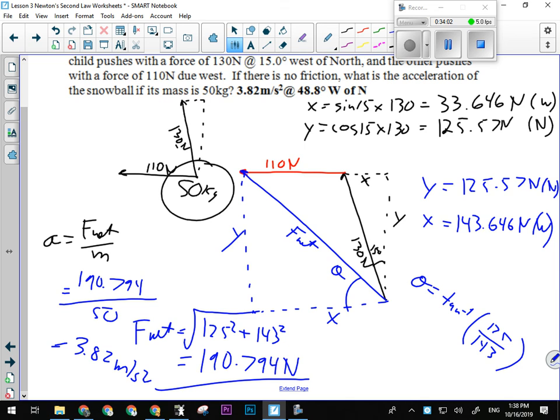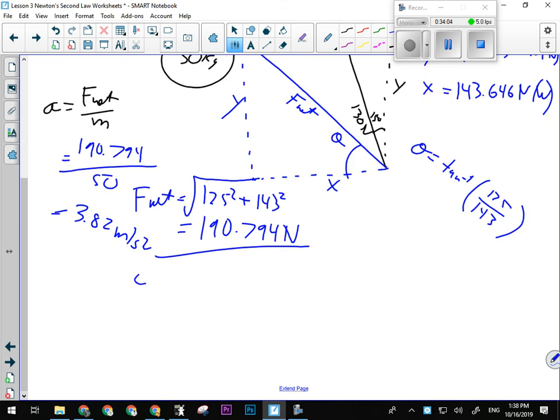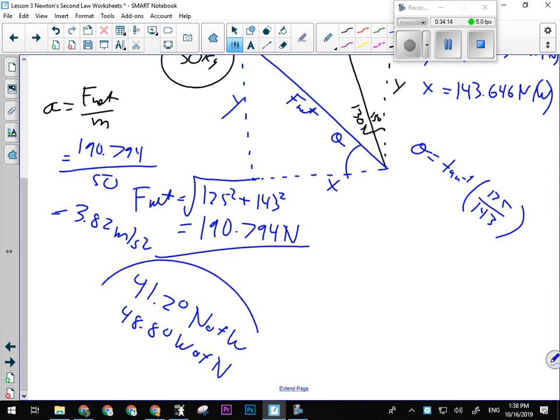The way I drew it, you'll get 41.2 degrees north of west. If you drew the triangle the other way, then you get the answer I had there, 48.8 degrees west of north. So there's how we do that. Everybody okay with that? Vector sum of all forces, we know how to add vectors. It gives us our solution there.